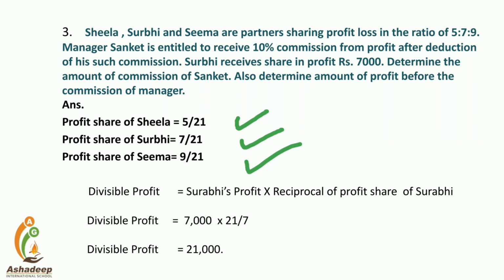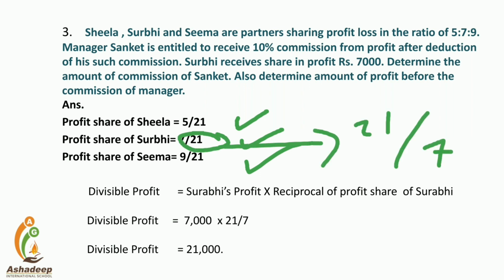The formula of divisible profit is equal to the partner's profit multiplied by the reciprocal of the profit share of the partner. So Surbi's profit is 7,000 and her share is 7 by 21. Its reciprocal becomes 21 by 7. By multiplying it we get rupees 21,000.